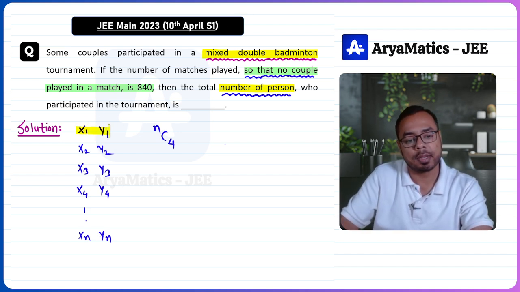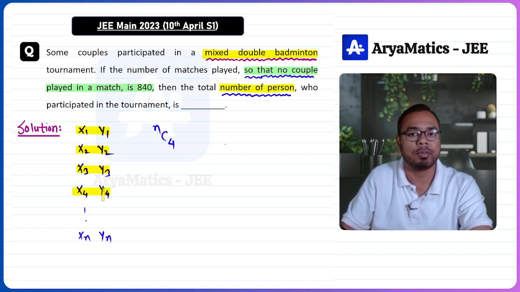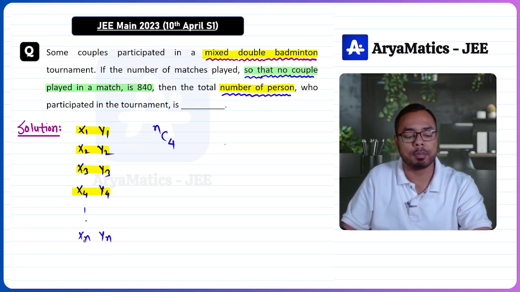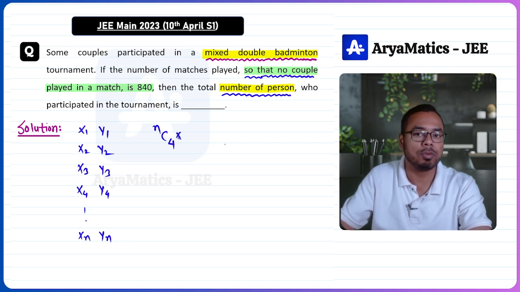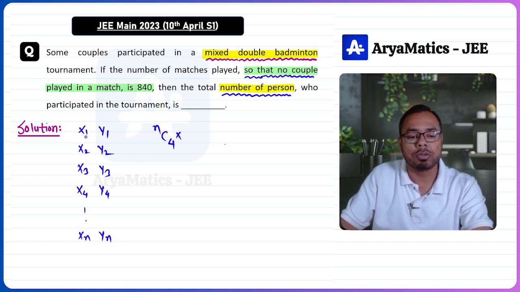Let us say you have selected x1 y1, x2 y2, x3 y3, and x4 y4. Remember, we are not selecting players using NC4. We are selecting any four out of these n couples. Now, once you have selected these four couples, you have to select two male and two female. So let us say these are the four male, x1, x2, x3, and x4. Select any two from these four.